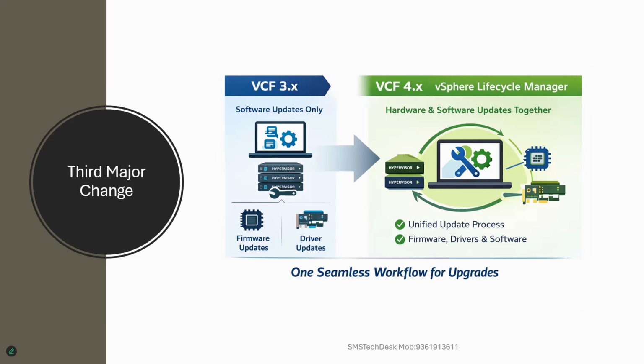In simple terms, VCF 3.x was mainly designed for virtual machines and traditional workloads, whereas VCF 4.x is designed to support both virtual machines and modern applications with better networking and improved lifecycle management. That is why VCF 4.x is considered a major step forward, because it moves the platform from just virtualization to a complete modern cloud platform.